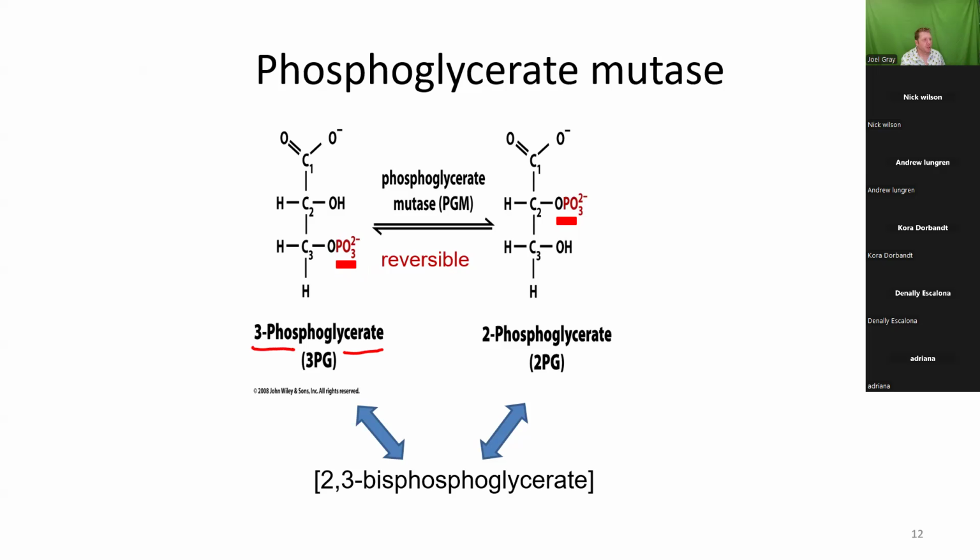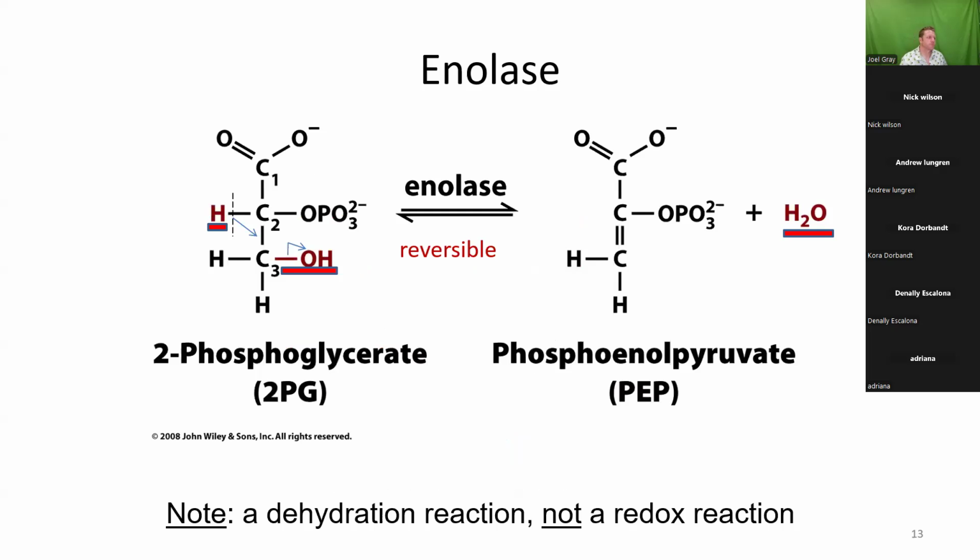Essentially, all that we're doing is we're taking our phosphate group from carbon number 3 and we're moving it to carbon number 2. That's all that we're doing. Now, there's a little bit more to this mechanism and some terminology related to why it's a mutase as opposed to an isomerase. But that's what we're doing. We're taking our phosphate from carbon 3 and putting it on carbon 2.